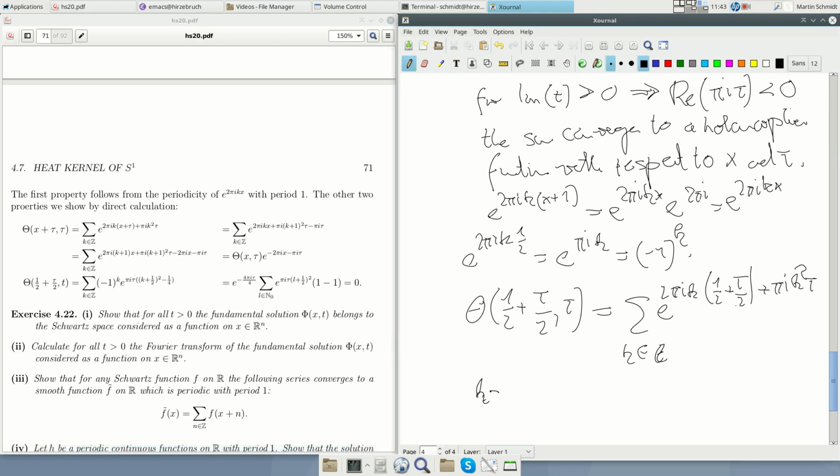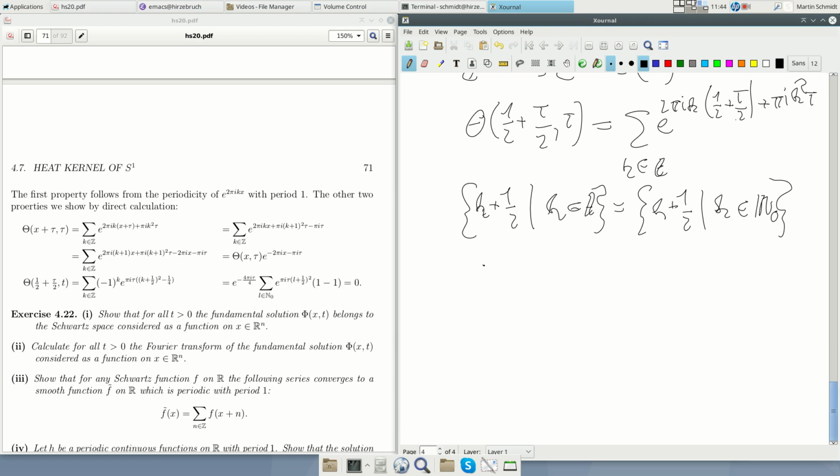So the set k plus 1/2, where k runs through Z, is of course the same as k plus 1/2 with k in N0, together with the negative ones.